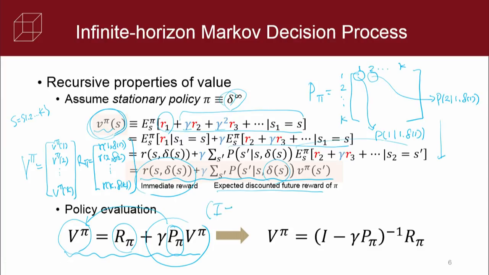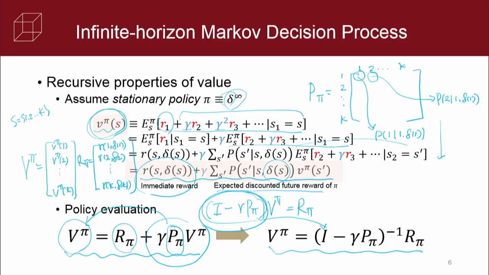So I minus gamma P pi times V pi is equal to R pi. And you can easily show that this matrix is invertible. So by taking the inverse of this part, that is the thing.